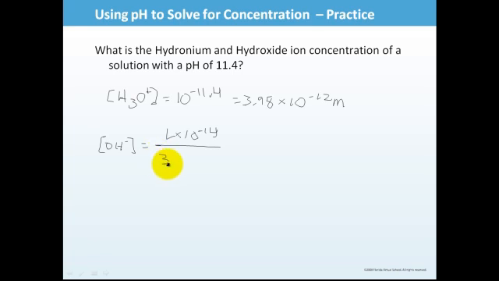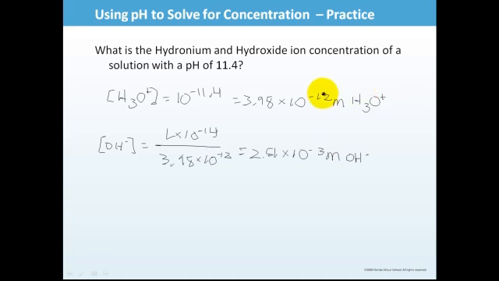So on the bottom it's going to be 3.98 times 10 to the negative 12. All right, and that will give us 2.51 times 10 to the negative 3 molar. And again, this one is for the hydroxide, and the top one is for the hydronium.